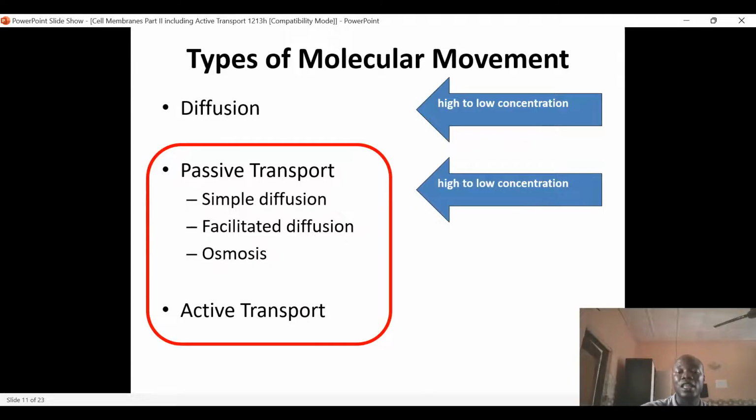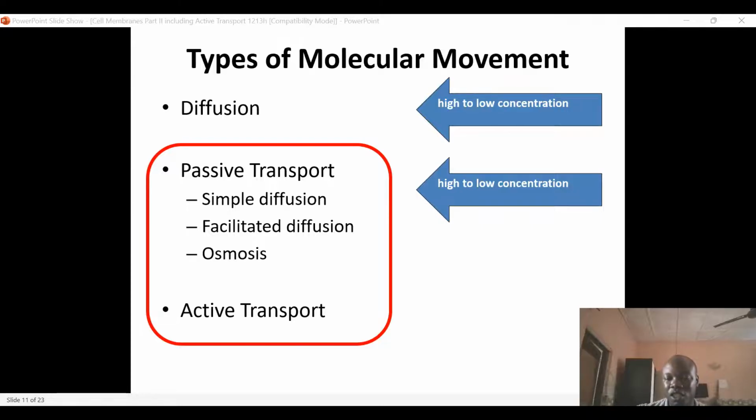Let me just use this to explain something. Generally, we have two types of transport: passive transport and active transport.